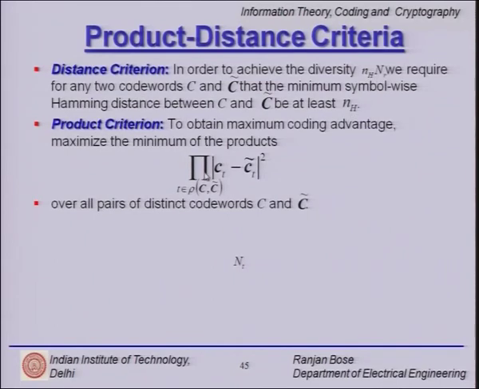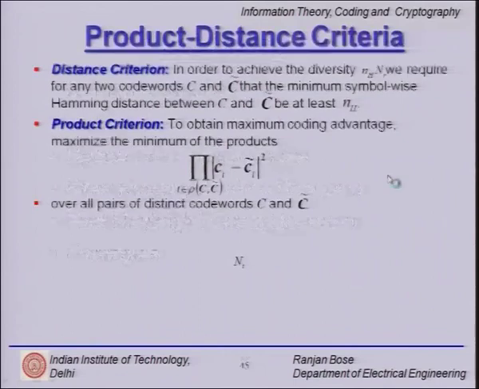And the product criteria, again coming from the PEP expression, is to obtain the maximum coding advantage, we have to maximize the minimum of the products as follows. This can be done by simple search algorithms to find a good mapping. Finally, it comes down to the mapping. How do we assign the labels, the edge labels of the trellis? So, this is the product distance criteria.